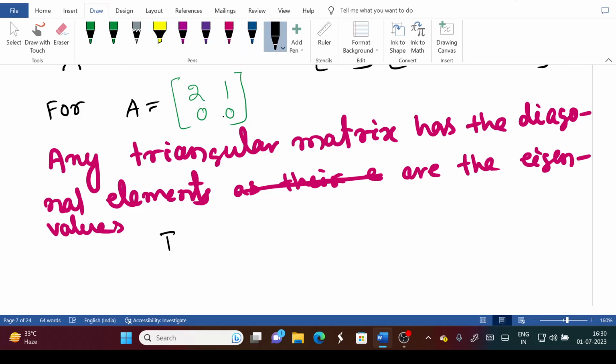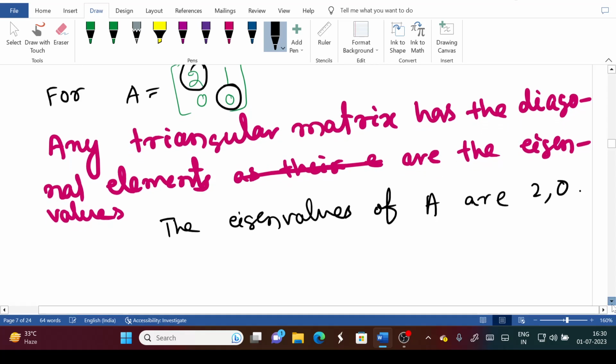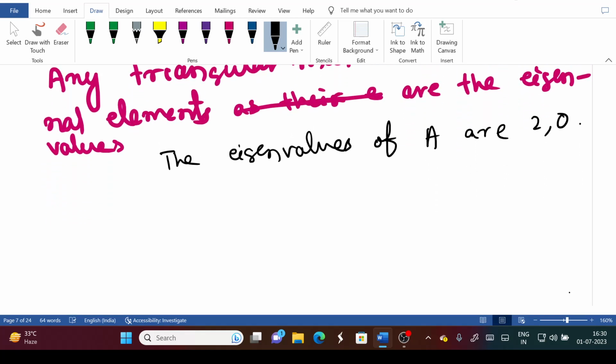The eigenvalues of A are 2 and 0. For 2, subtract 2 from the diagonal elements. It is [0, 1; 0, -2].